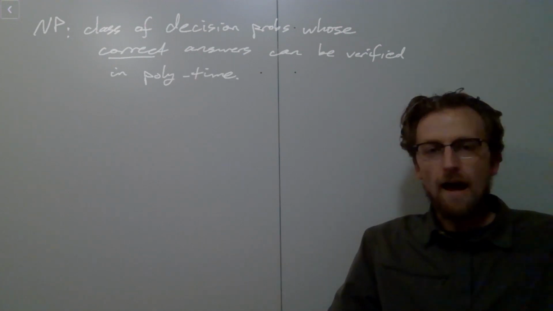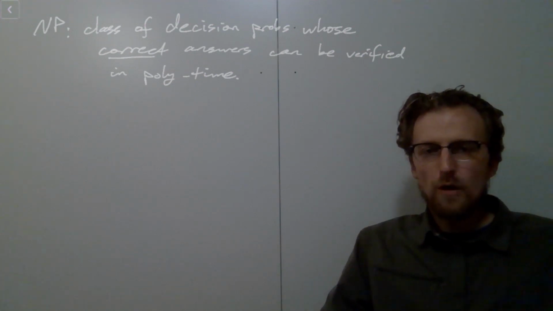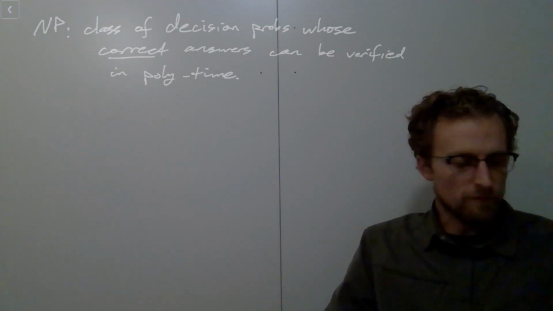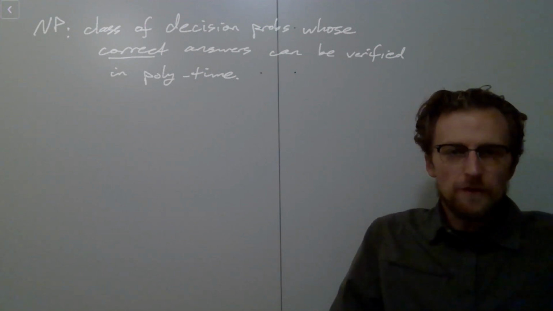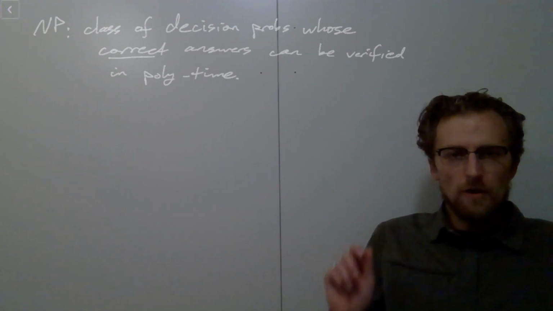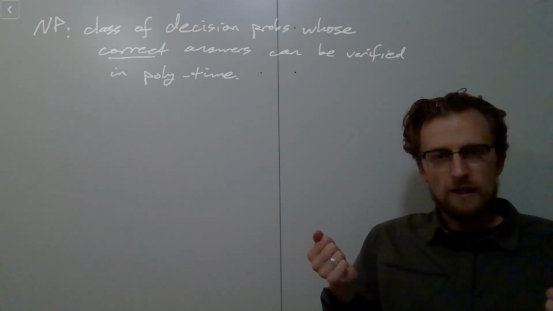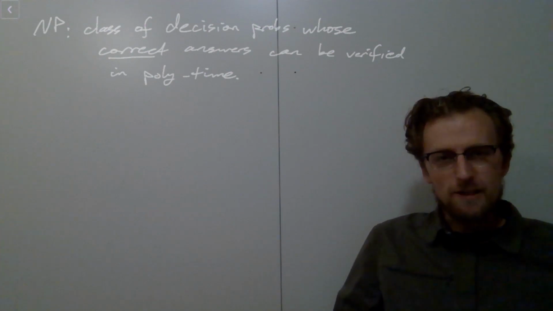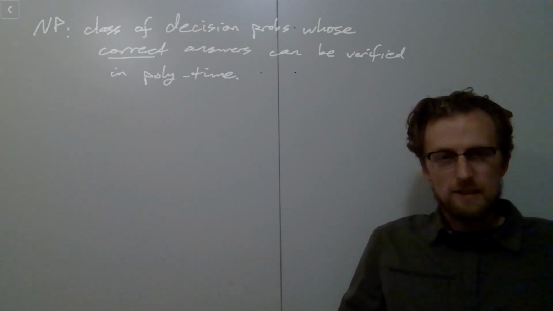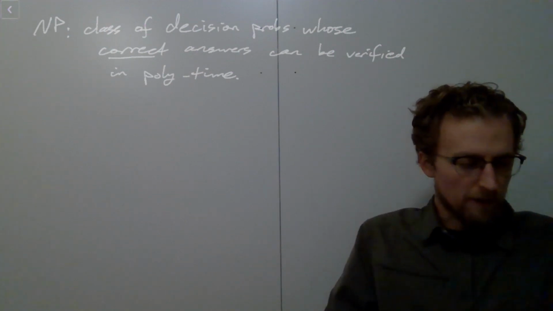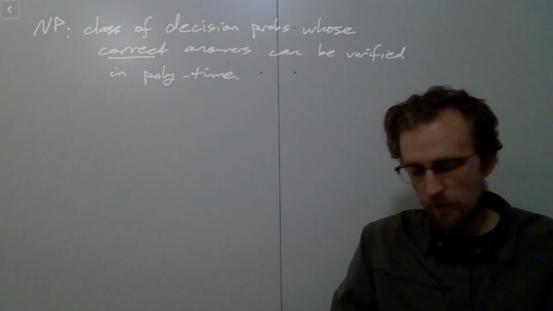So these have polynomial time verifiers, but they need not have polynomial time algorithms that solve them from scratch. One way you could think about this is that problems in NP have algorithms that work like this: they are the world's luckiest guesser, and if the answer is yes, they'll always figure out how to get it right. That's one way you can think of an NP problem.